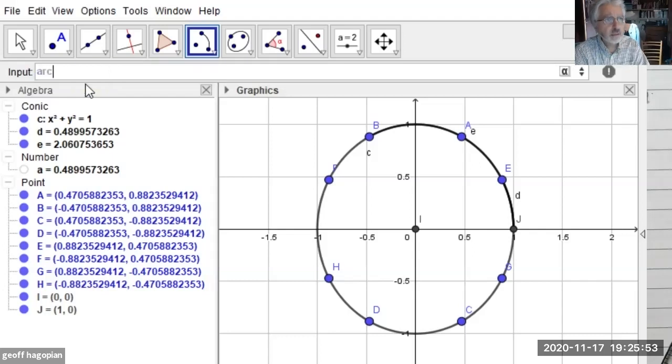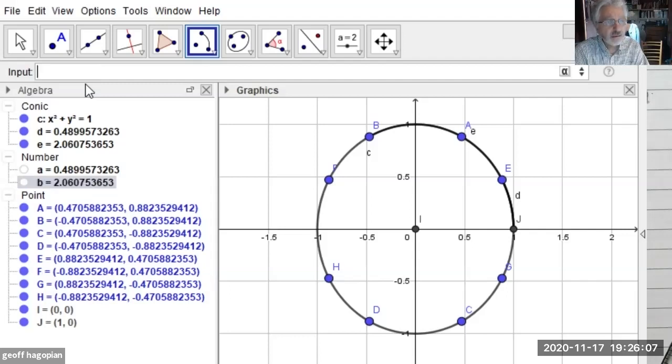But if I say, give me the arccosine of -8/17, yeah, right. So this number here and this number here are the same number, right? 2.06, that's the distance from J to B along the outside of the circle, and that's the arc whose cosine is -8/17, right? All right, that's enough of that.